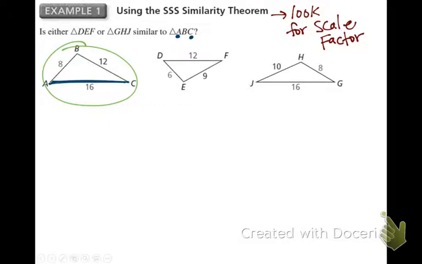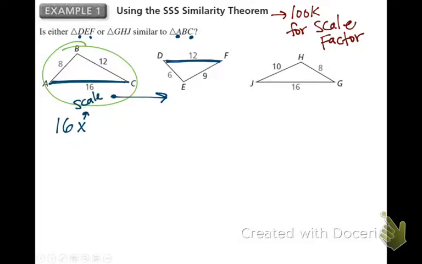What side corresponds with AC on DEF? DF. If you see me, I'm putting dots up here because the order of the letters matters. So AC corresponds with DF. To find the scale factor, I'm going to find the scale factor from triangle ABC to DEF. That means 16 times the scale factor, which we don't know, so we call it X. SF means scale factor.